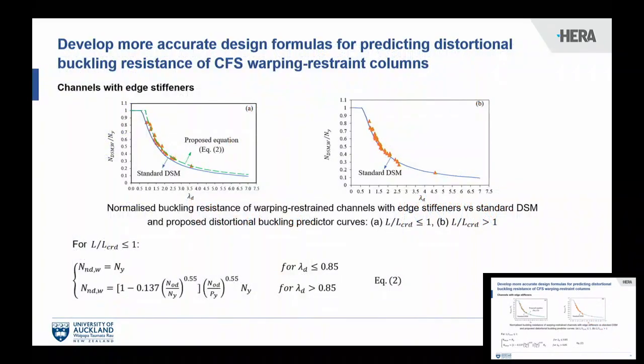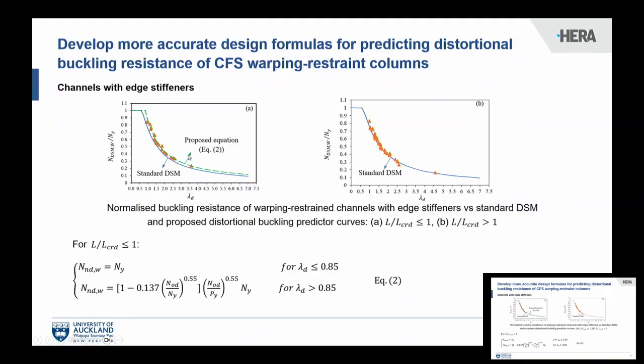And the factor that was important here was the ratio of the element length to the critical half-wave length of the cross-section. For the lip channels, when the length over L critical, which corresponds to the half-wave length, is over 1, no modification was required, but for the ones lower than 1, an equation was developed here.